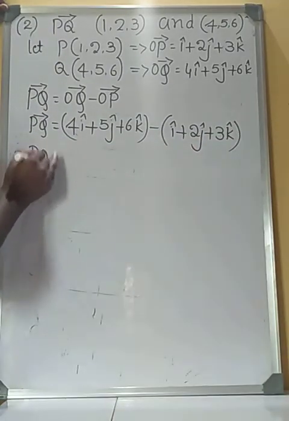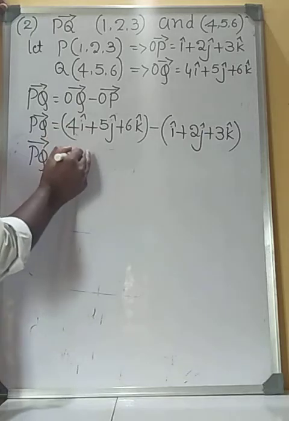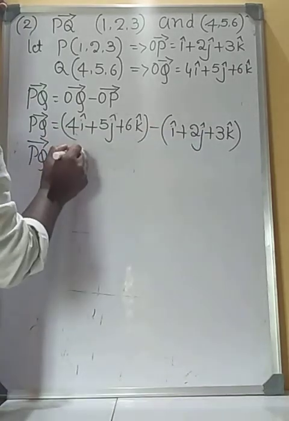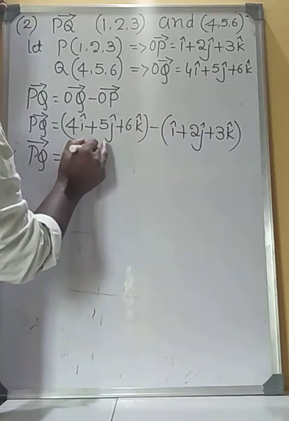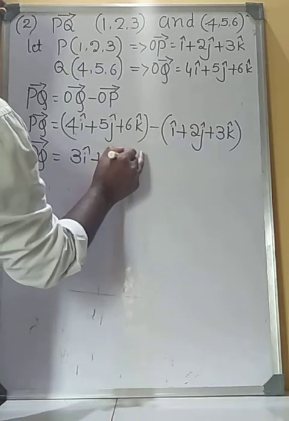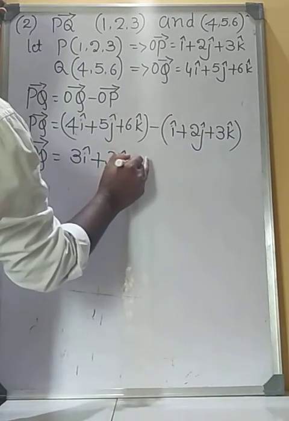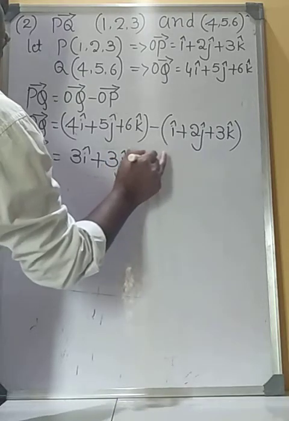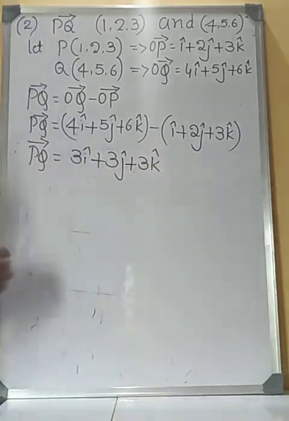Therefore, PQ vector is equal to 4 minus 1, 3i, 5 minus 2, 3j, 6 minus 3, 3k.